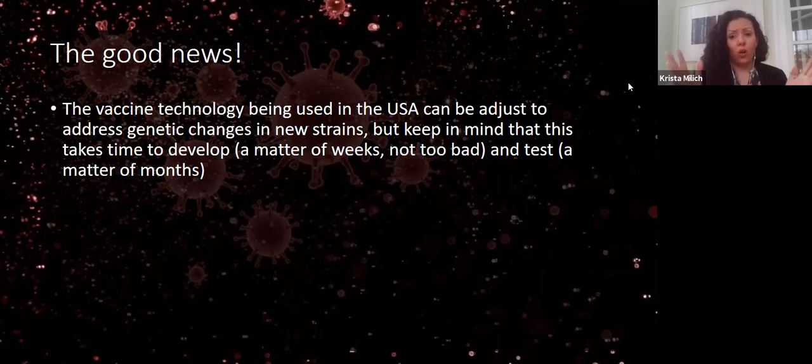And while from a scientific perspective, it's incredible to have a new vaccine that would be able to target these new variants more specifically in a matter of months, as we count the number of months that we have been in this pandemic, even just that amount of time would be really difficult to deal with.